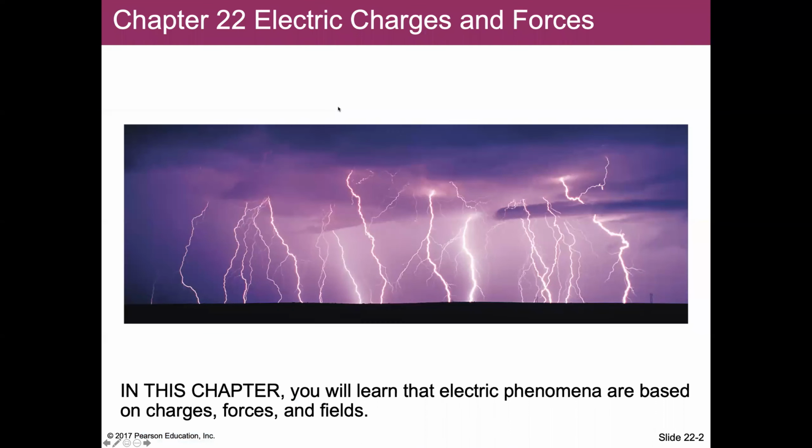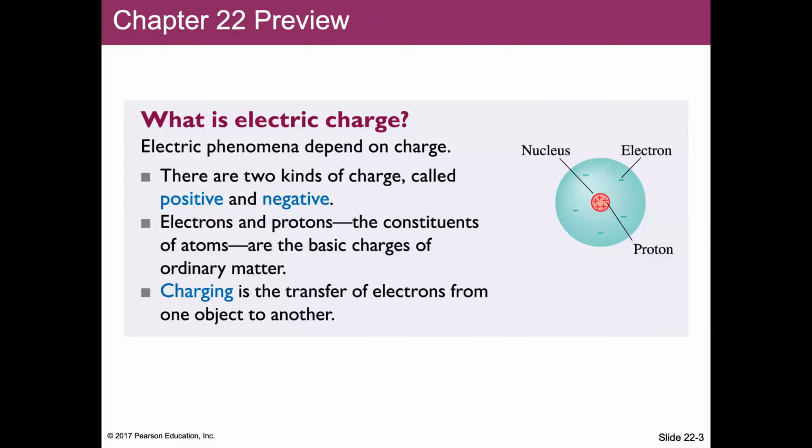In this chapter, we will learn some electric phenomena, which are fundamental phenomena or concepts about charges, forces, and fields. First of all, we're going to learn what electric charge is. The electric phenomena depend on charges. You will learn there are two different types of charges, which are defined to be positive charge and negative charge.